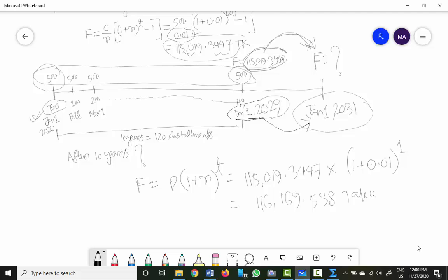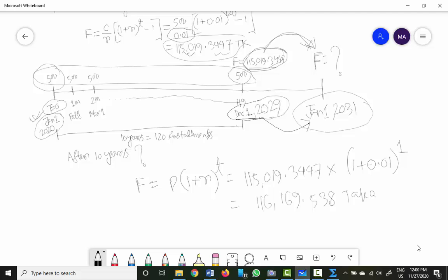If you have started your first installment at January 1 2020, and you are making 120 installments at the end of every month, then the last deposit you will make is December 1 2029.